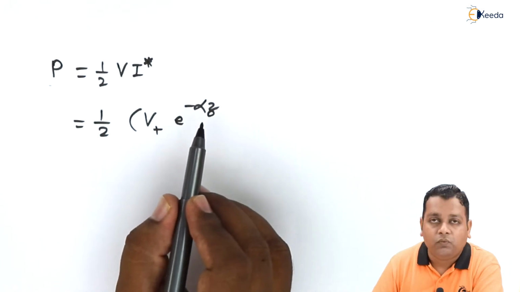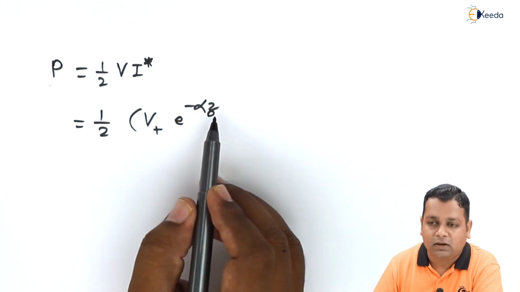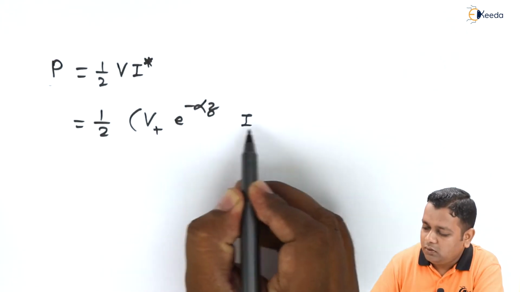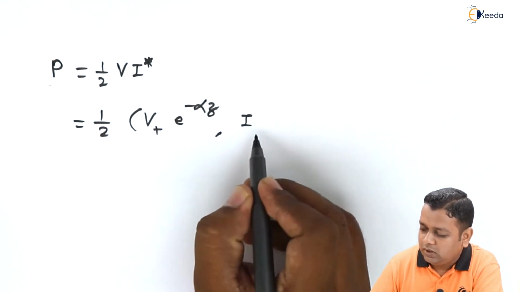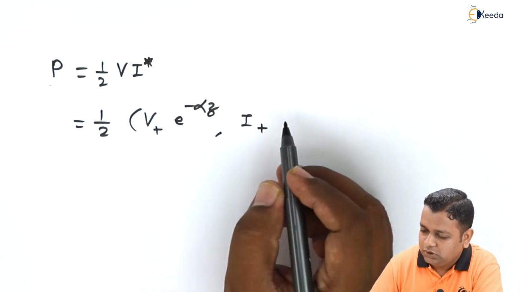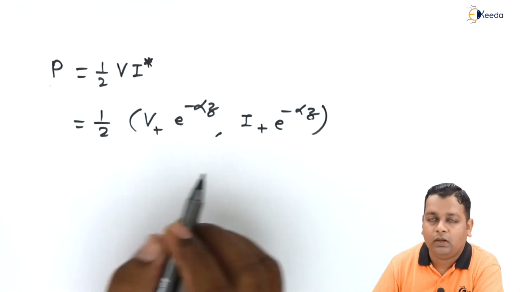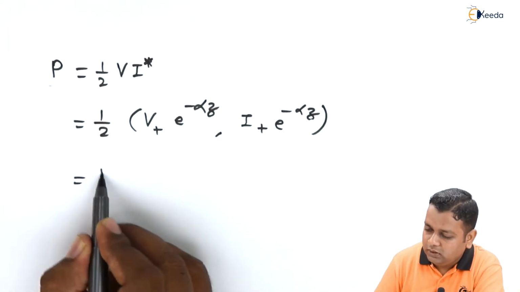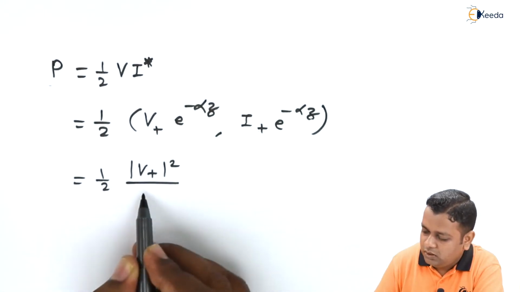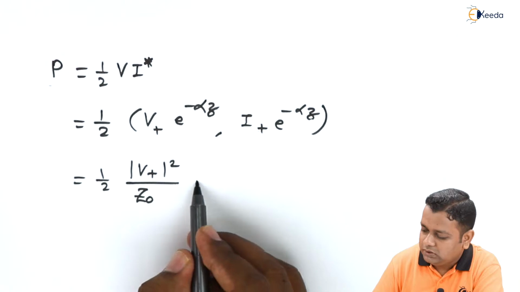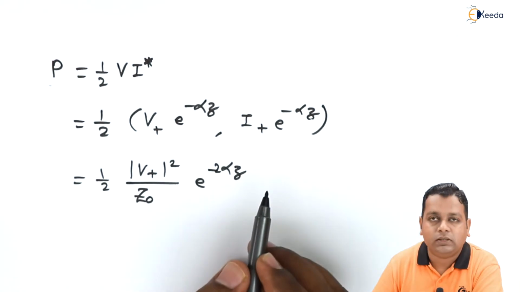This is with respect to the attenuation and the propagation towards the z direction, whereas for the other component, in multiplication, we have I positive e to the power minus alpha z. It can also be expressed further as 1 by 2 mod of V positive squared, divided by Z0, e to the power minus twice alpha z.